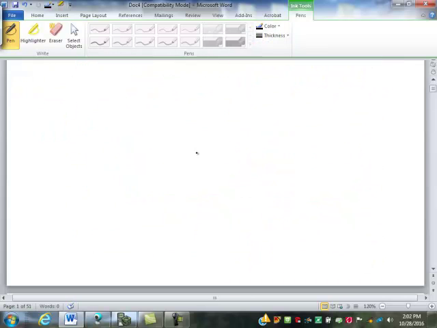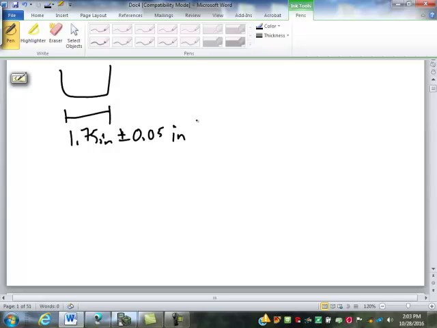The next step in this conversation: we talked about errors, absolute errors and relative errors. Well, we have absolute tolerances, or absolute allowances like we have here, and relative tolerances. So we had 1.75 inches plus or minus 0.05 inches. That is absolute.